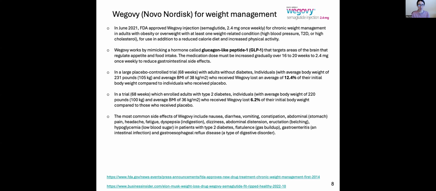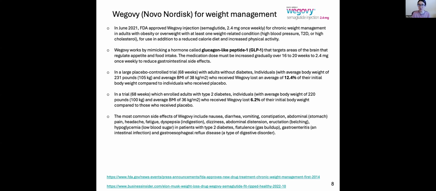Wegovy, just like Ozempic, works by mimicking GLP-1, and that can target an area of the brain, therefore reducing appetite and food intake. This medication dose is increased gradually to 2.4 mg through 16 to 20 weeks to reduce the gastrointestinal side effects.